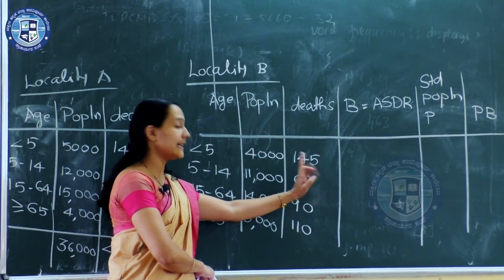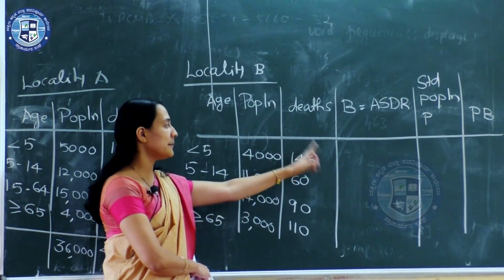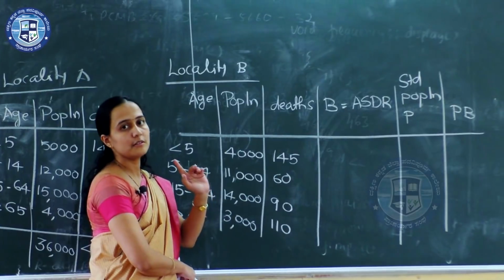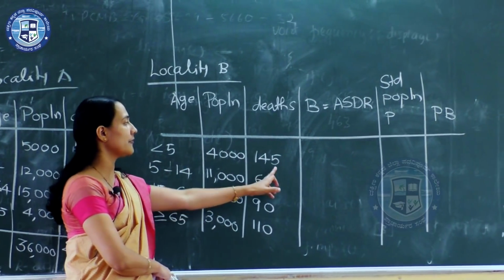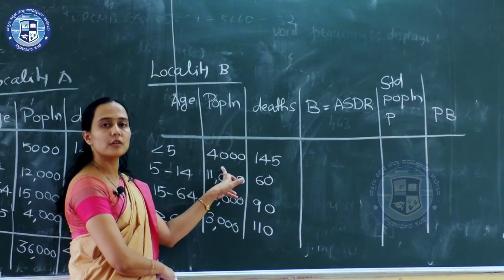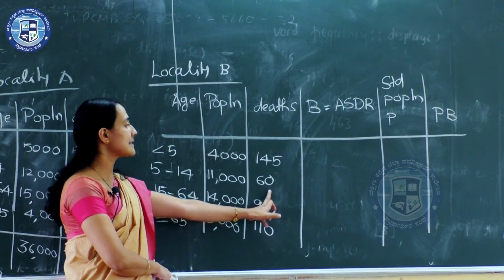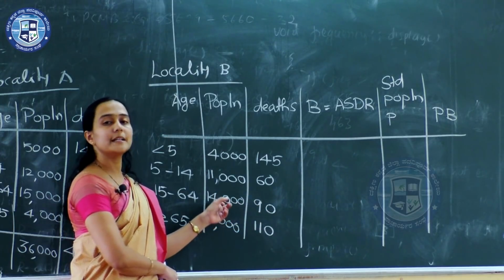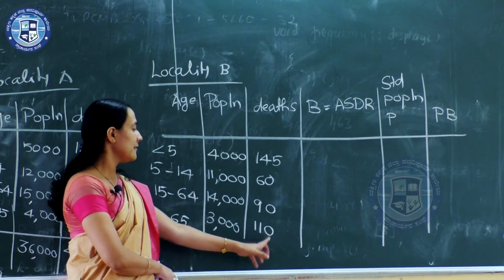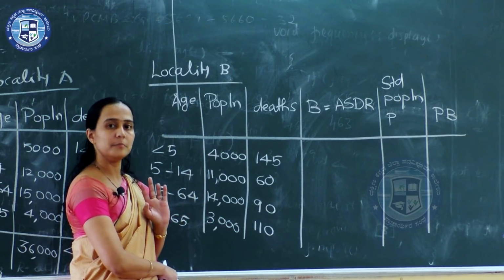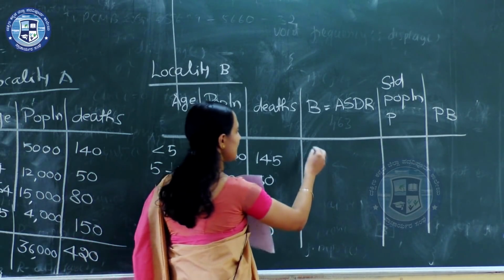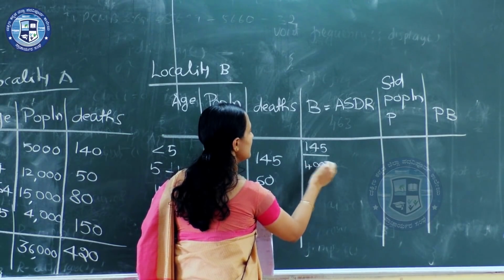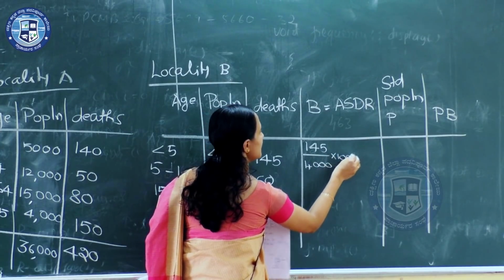So how to find age specific death rate? Number of deaths in the specified age group divided by average population in that age group into 1000. 145 divided by 4000 into 1000, 60 divided by 11,000 into 1000, 90 divided by 14,000 into 1000, 110 divided by 3000 into 1000. First I am writing 145 divided by 4000 into 1000.